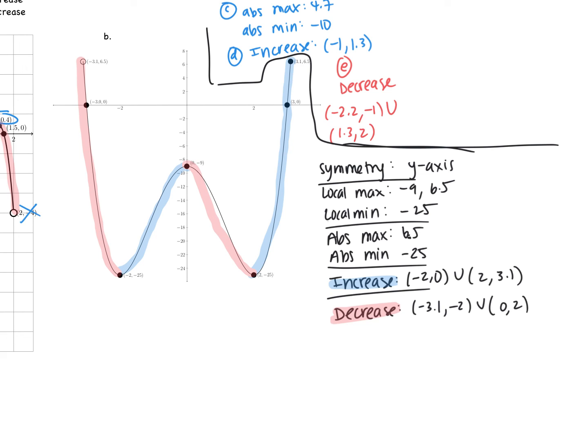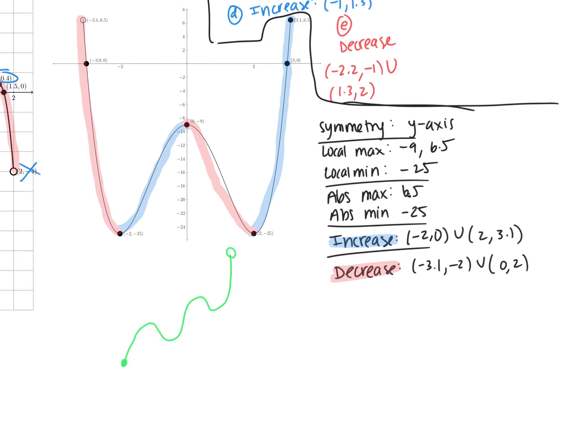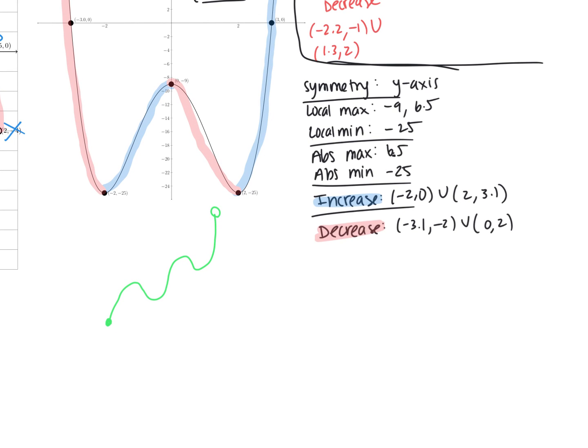Okay. Let's say that our graph looked something like this. My first question, does this have an absolute minimum? Does this graph in green have an absolute minimum? Yes.